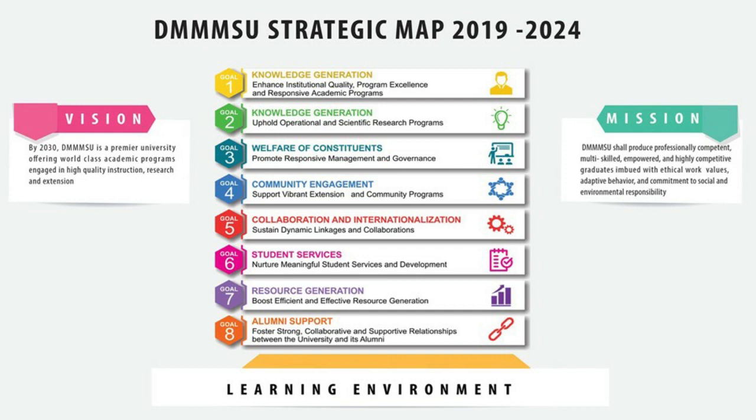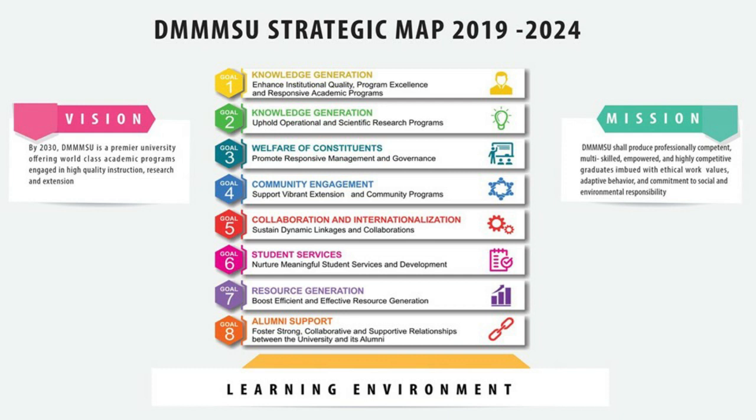Under welfare of constituents, we have Goal 3, promote responsive management and governance. For community engagement, we have Goal 4, support vibrant extension and community programs. On collaboration and internationalization, we have Goal 5, sustain dynamic linkages and collaboration.